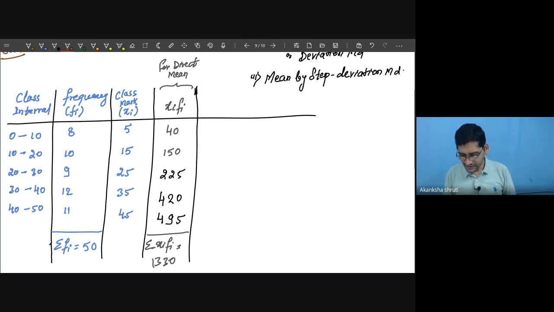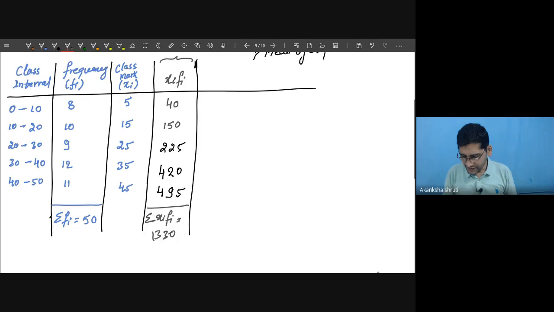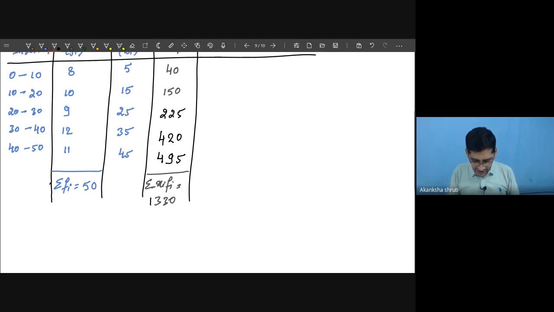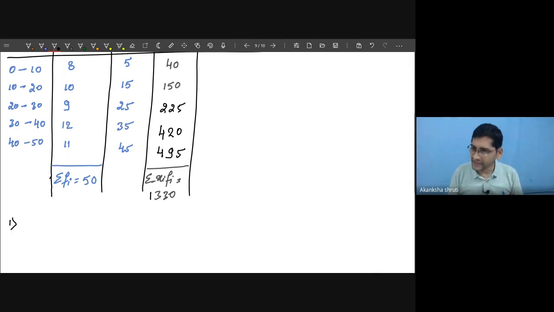So students, here we have calculated 1330. This 1330 is our summation of fi xi. So only up to this much data is needed for method 1, the mean by the direct method.